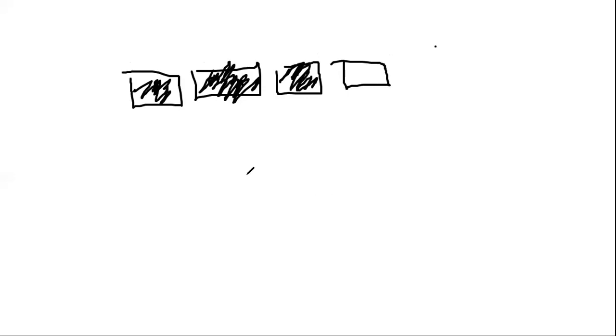Sorry, this fraction. Remember, the denominator is the number of the whole things I have in here. How many squares do I have in here? 4. But how many squares are painted? 3. So I have 3/4.